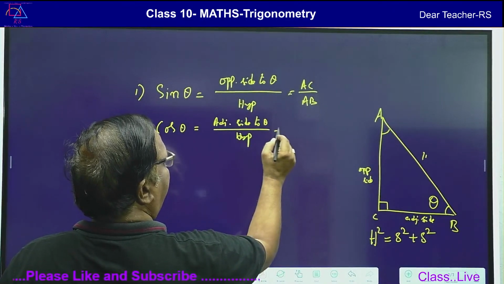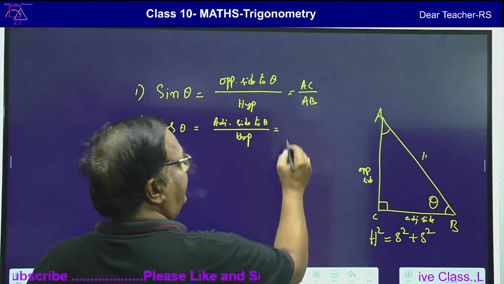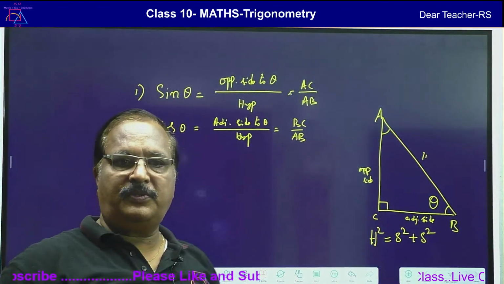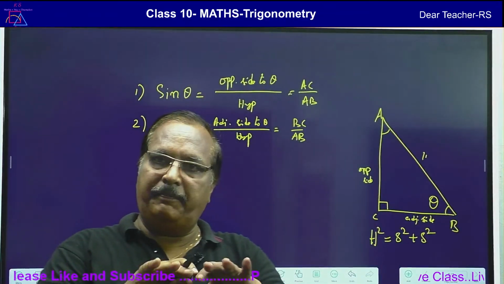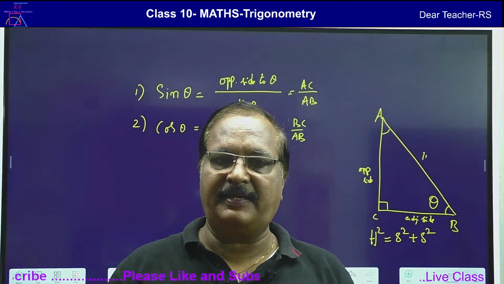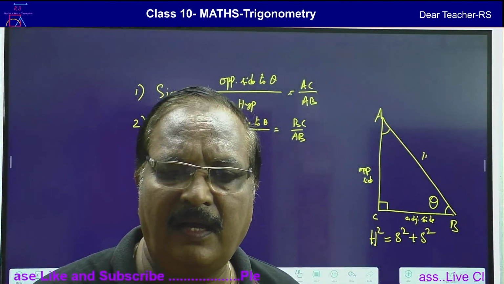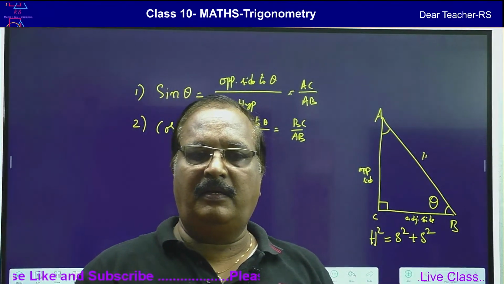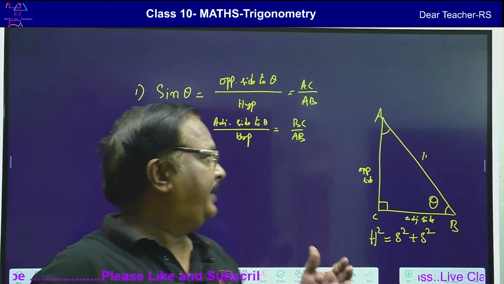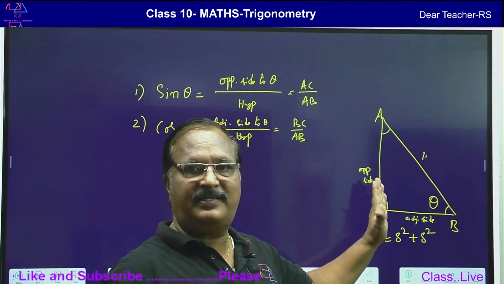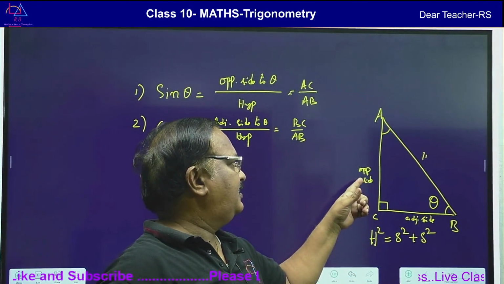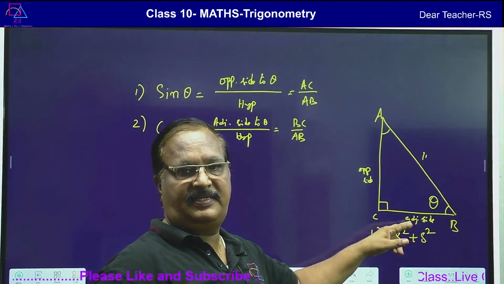Hypotenuse is common. The adjacent side is BC, so BC by AB. Some people will say base and some people will say height. Both are okay, but with respect to theta, this is the opposite side and this is the adjacent side.